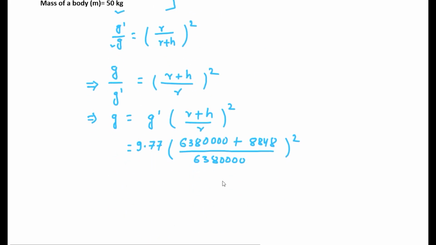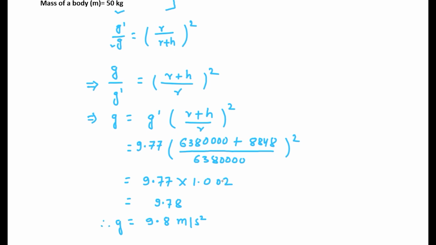It is right. So first of all, solve this term. First of all add, then divide, and then square it. So we get this into 1.002. Just multiply it, and we get the value 9.78. We can also write here 9.8 meter per square second, because the unit of g is meter per square second.